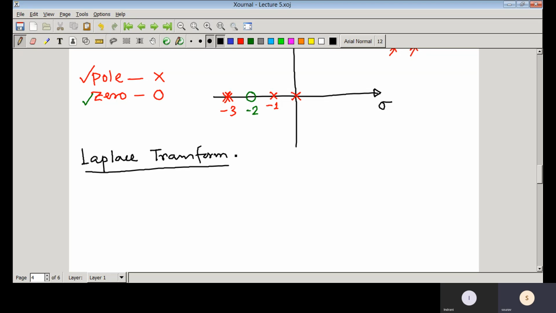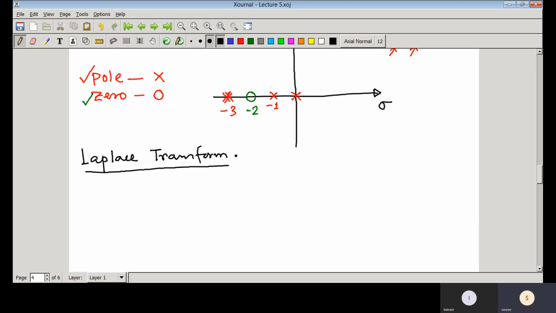Here I am not going to show you the details of the Laplace transform. Those who have forgotten it, I suggest you read your class notes of signals and networks. Here I will just give you some formulas and some important Laplace transforms which will be required to solve control problems.